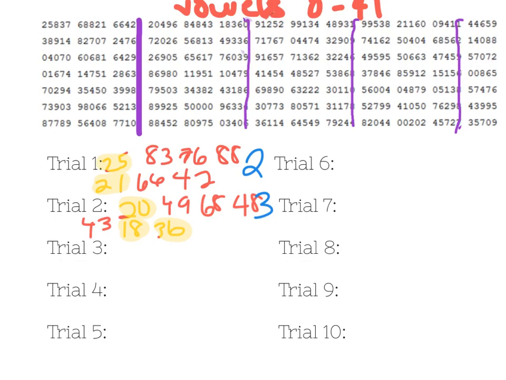Trial 3, we're going to come up here and do 91, 25, 29, 91, 34, 48, and 93. So we've got 91, 25, 29, 91, 34, 48, and 93.